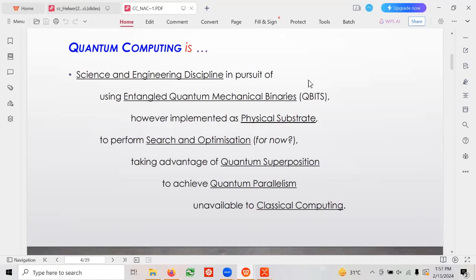Just like a transistor can implement 0 and 1, which is the regular binary bit, 0 or 1. A quantum bit, to give the game away, is not 0 or 1. It's kind of a bit of 0, a bit of 1. So it's a probabilistic mix of 0 and 1. Remember, I told you that in classical physics, you know where the particle is.